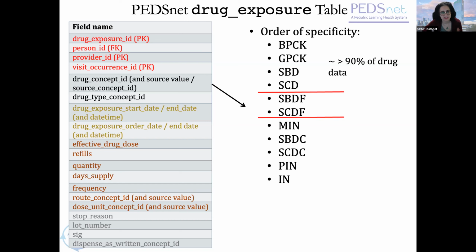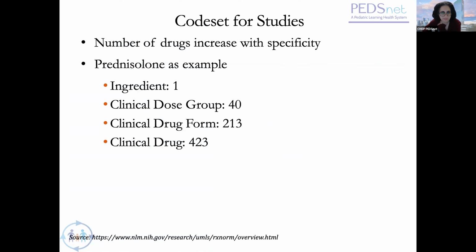But mostly the PEDSnet data, we tried to identify drugs at the most granular level available. And again, when we create code sets for studies, there's a lot of ways in which we can capture it. So at the ingredient level, for example, prednisolone is one ingredient, but could be represented in 423 potential ways.